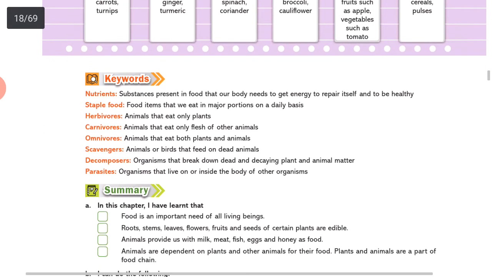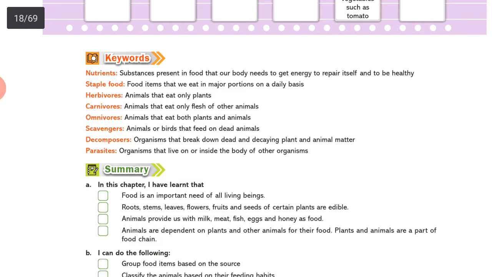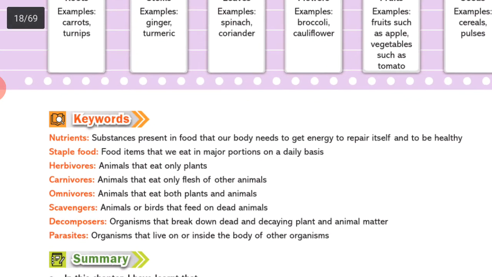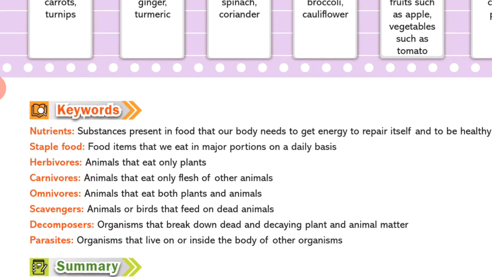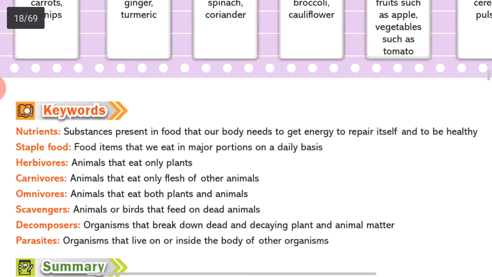Now some keywords are shown there. Let's recapitulate these keywords. Nutrients are substances present in the food that our body needs to get energy, to repair itself, and to be healthy.